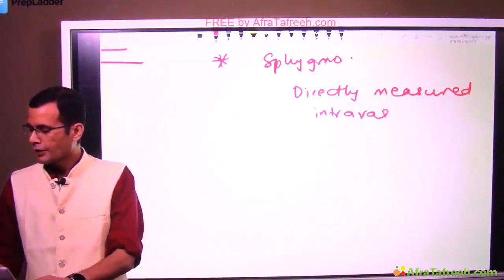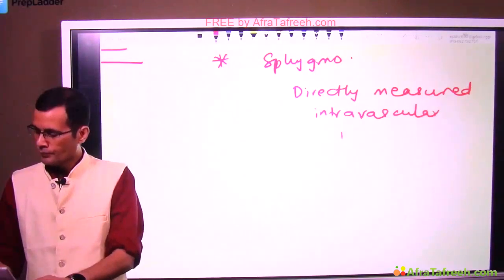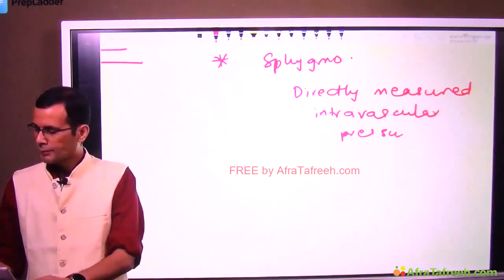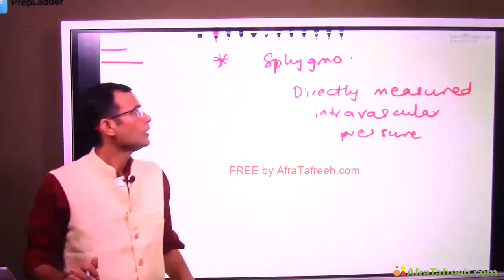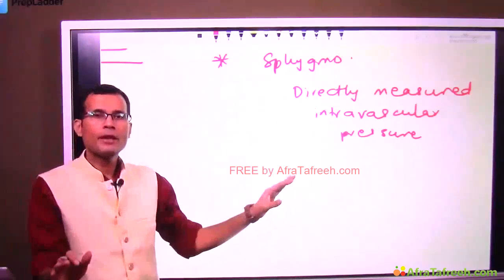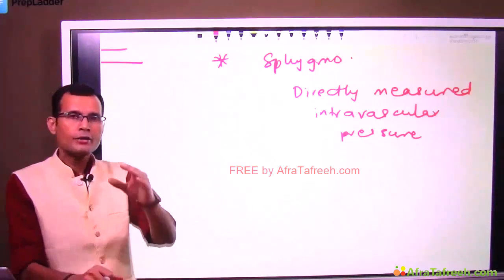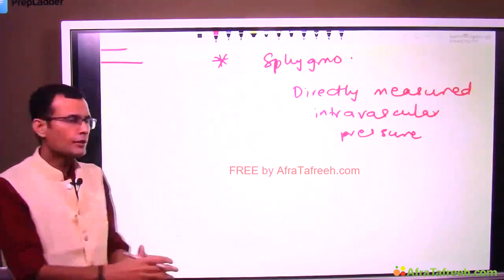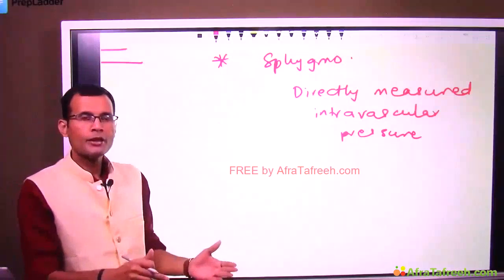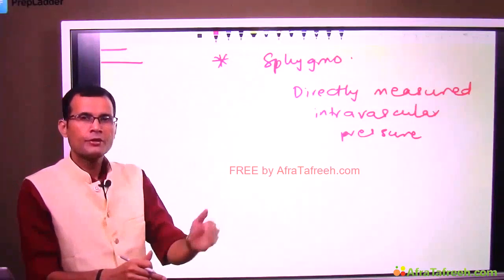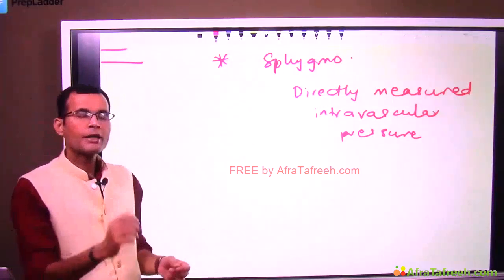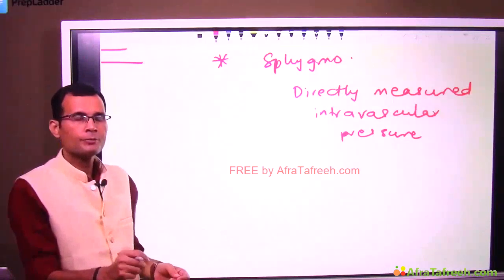There was a catheter introduced, and we will directly measure the pressure from the vessel. So how does it compare? And I had given the answer. We saw the answer that sphygmomanometry gives slightly higher pressure as compared to the directly measured intravascular pressure.